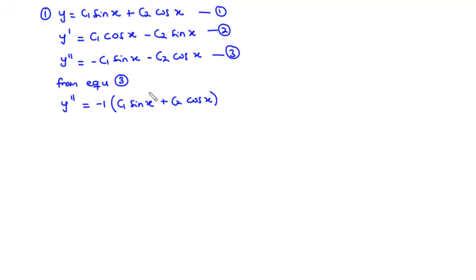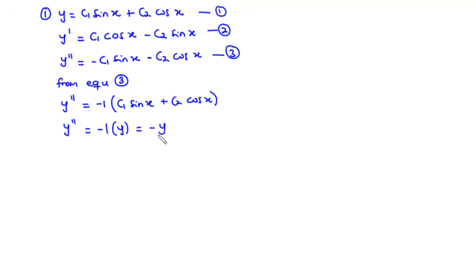And you realize that what we have in the bracket is what we have as y in equation 1. So we are going to put equation 1 in here. So that becomes y prime prime equals negative 1 times y, and that is equal to negative y.